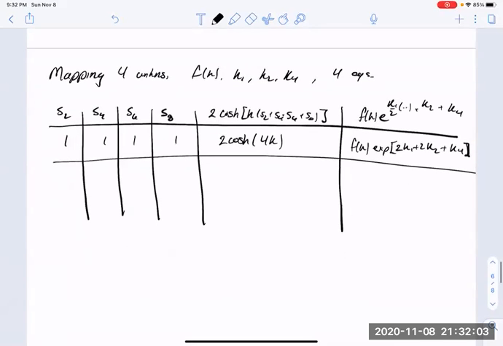Okay, what about if one of them is spin up and all the rest are spin down? I'll have twice hyperbolic cosine of 2k. I'll have f of k. And now the only remaining term is minus k4.